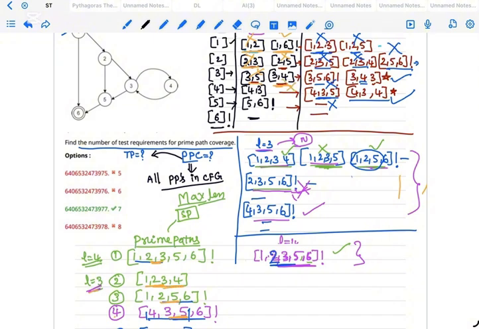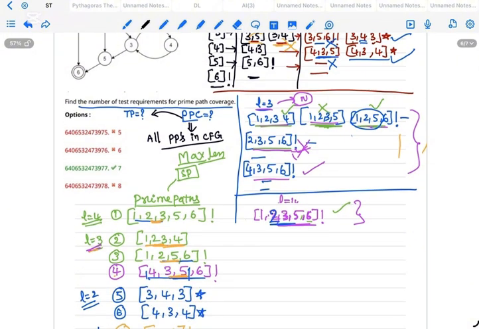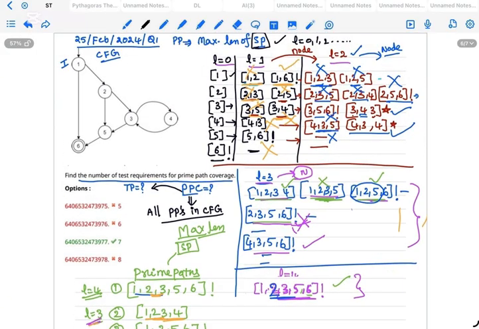It's not a prime path. 4 3, here so many ways, so it's not a prime path. 5 6 is here, right? So it's not a prime path. So these length 0 ones are covered in almost all simple paths, so these are not prime paths.